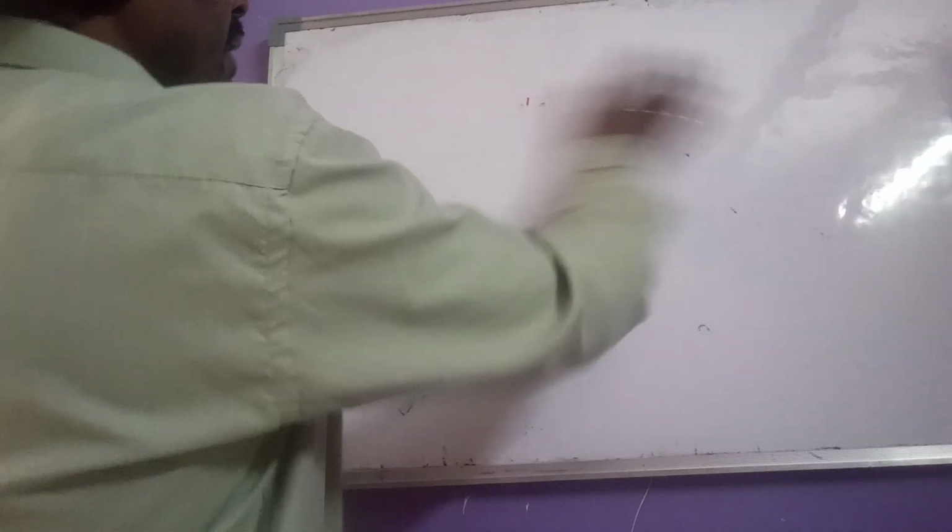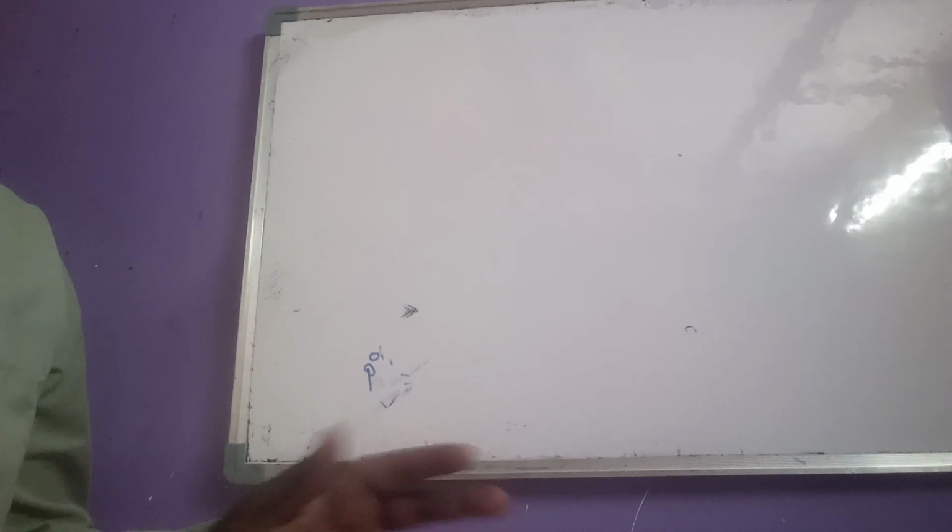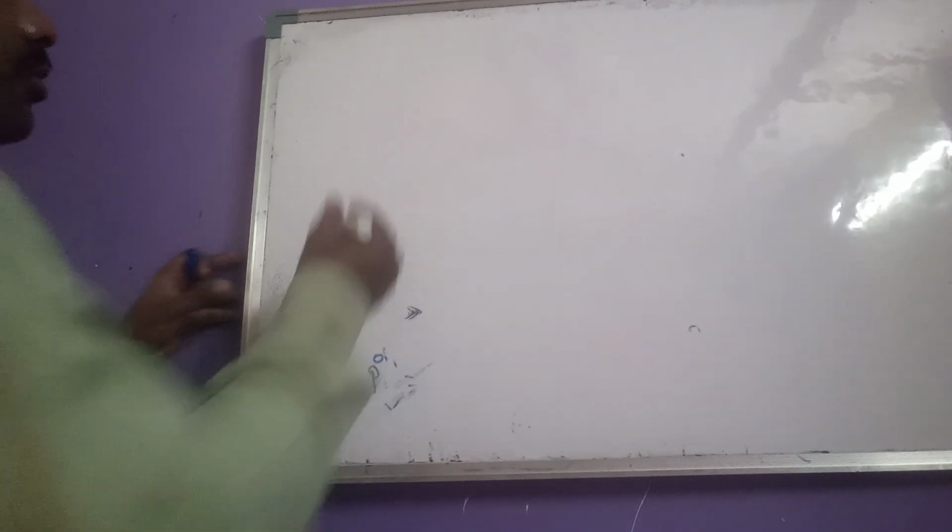What is that? What is the ratio of acid and salt? They may also give questions related to acid and salt ratio. Let us see what that question is here.